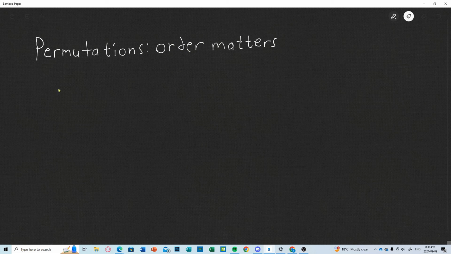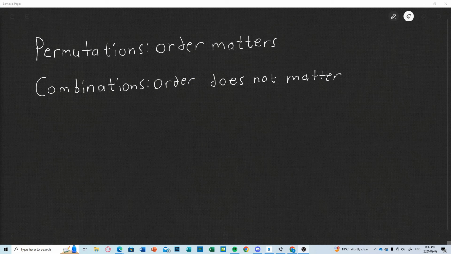So to summarize, we're going to say permutations. For permutations, the order matters, so I'll write that down. And then for combinations, the order does not matter. Okay, and a nice and easy way to try to remember permutations is by the P up front.